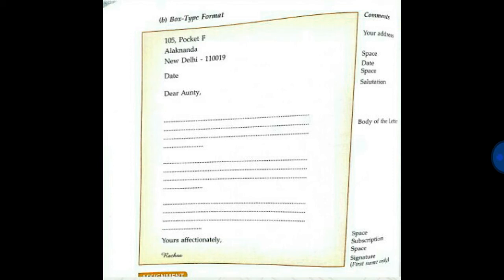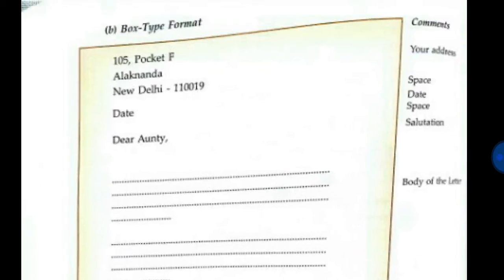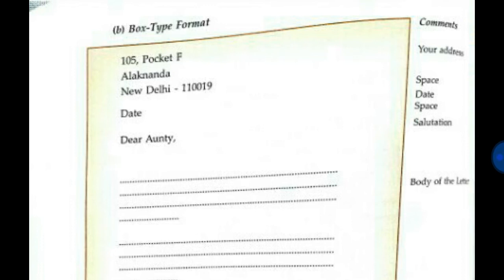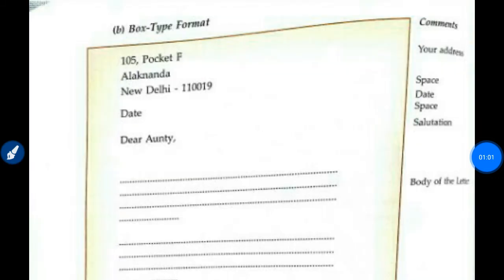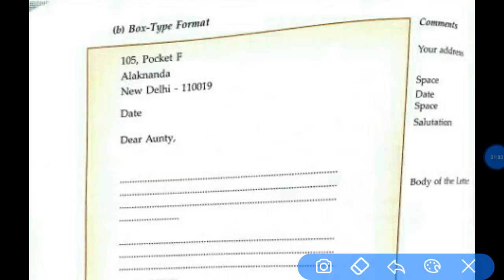In the personal letter, we have got a format here on the screen. We have got, first of all, the address of the person who is writing. Then we have got date to be written.